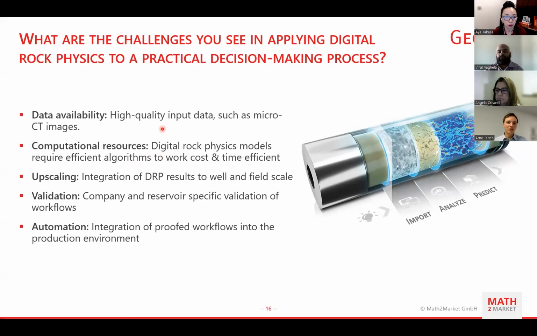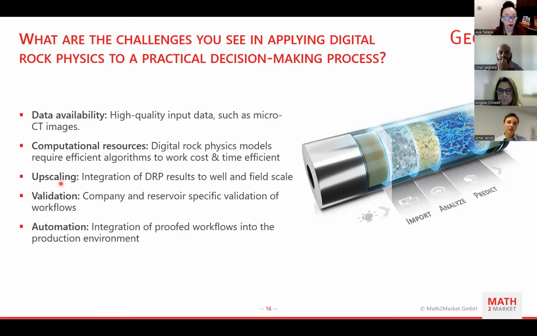And we can also use more complex models and have a result in only a short amount of time. And of course, that requires also very efficient algorithms, where I'm convinced that we have one with the LIR solver in GeoDict to work cost and time efficient, to have that advantage in comparison to the experiments.